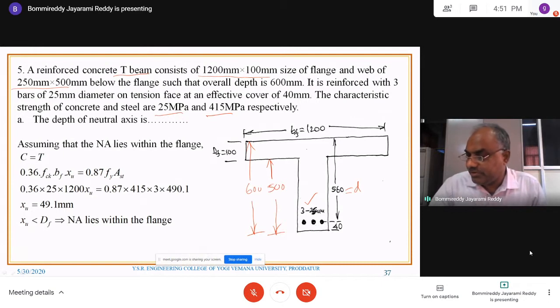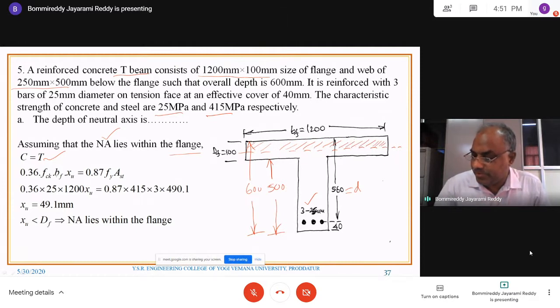So initially what you do is assuming that neutral axis lies within the flange. If the neutral axis here lies within the flange, what is going to happen? C equal to T. What is C? C is for this much width of the flange.